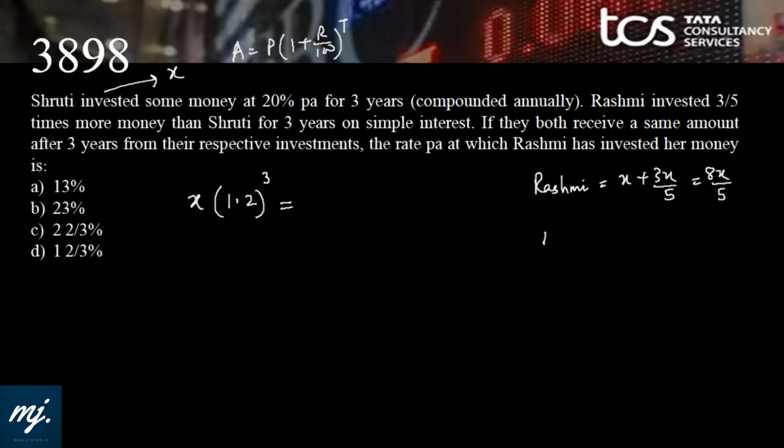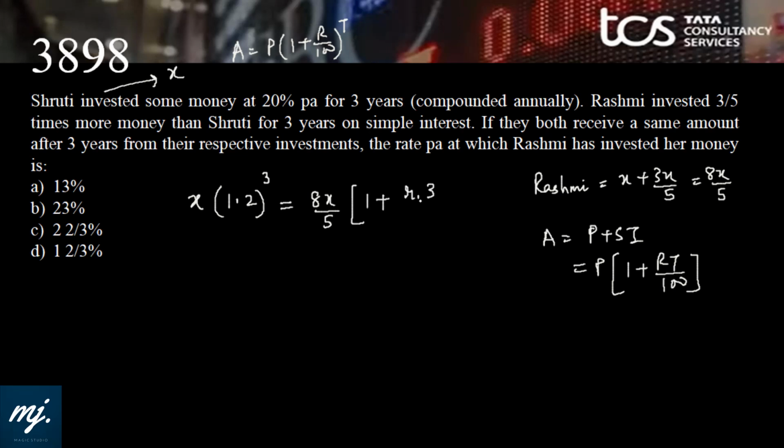And in case of simple interest, the amount formula is P plus SI, that is P into 1 plus RT by 100. So in case of Rashmi, P is 8x by 5 into 1 plus rate, which we don't know, time is 3 years, by 100.